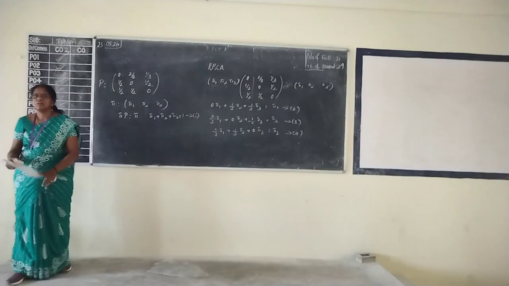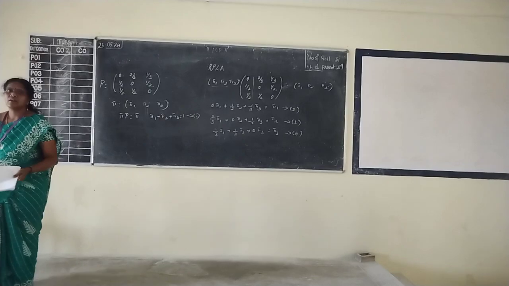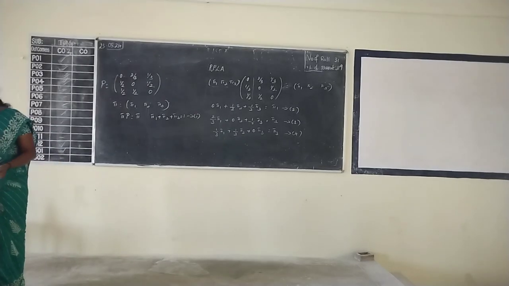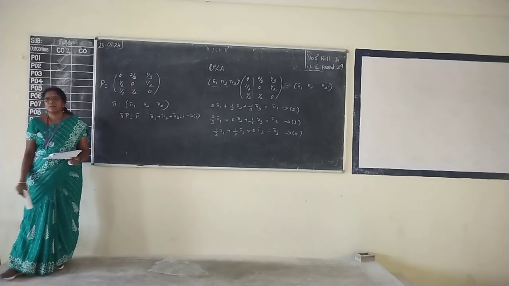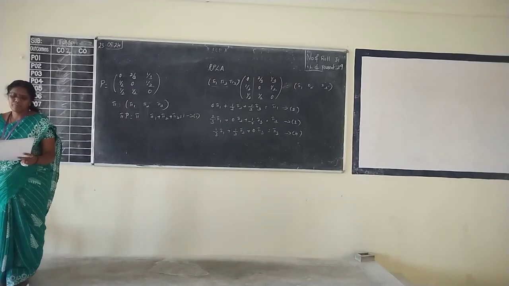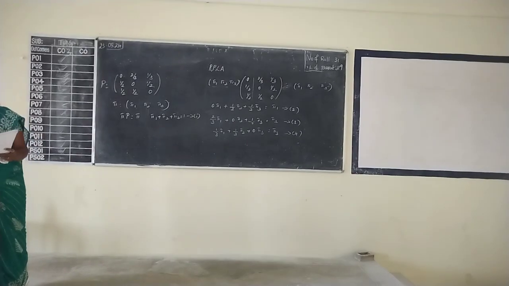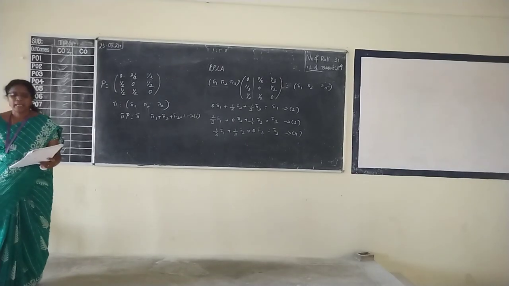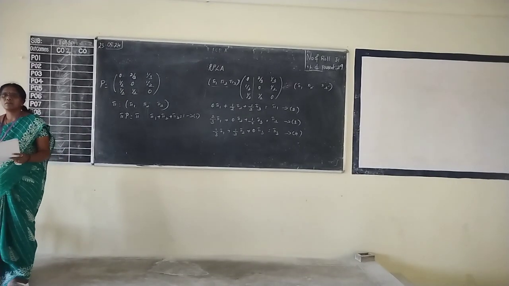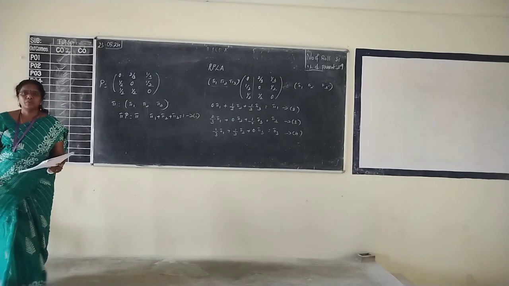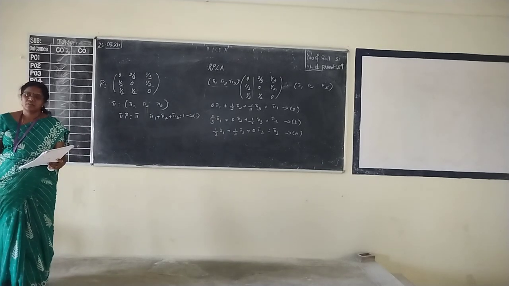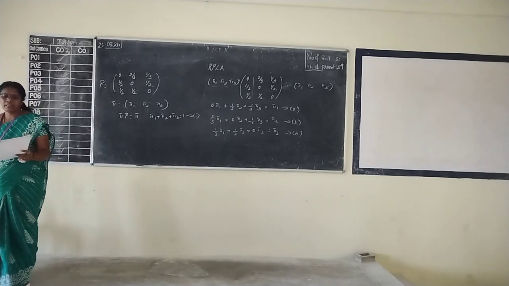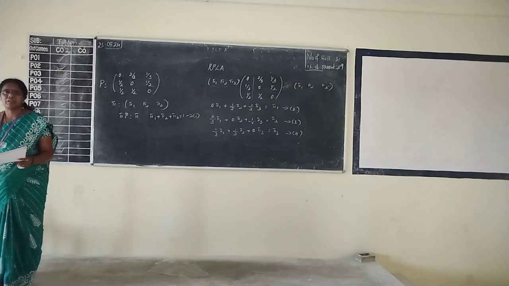So solving, we get pi 1 equal to 1 by 3, pi 2 equal to 10 by 27, pi 3 equal to 8 by 27. Your answers are 1 by 3, 10 by 27 and 8 by 27.